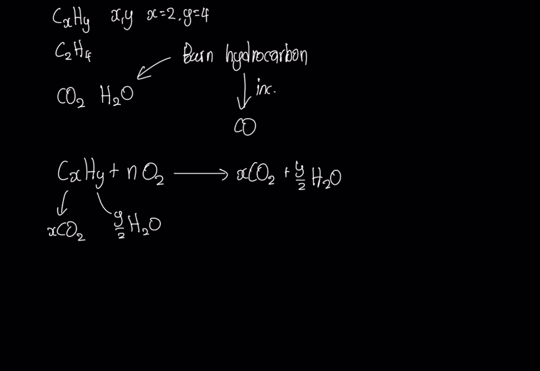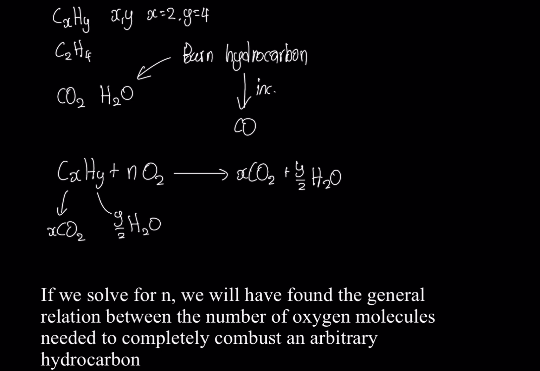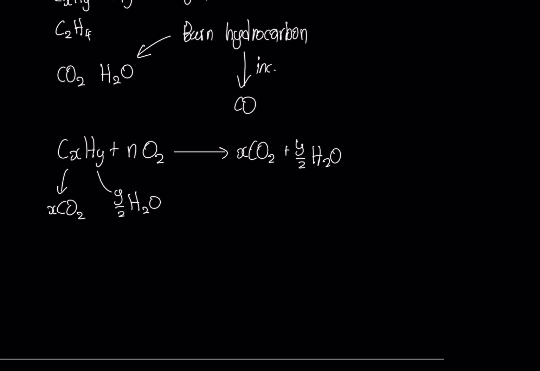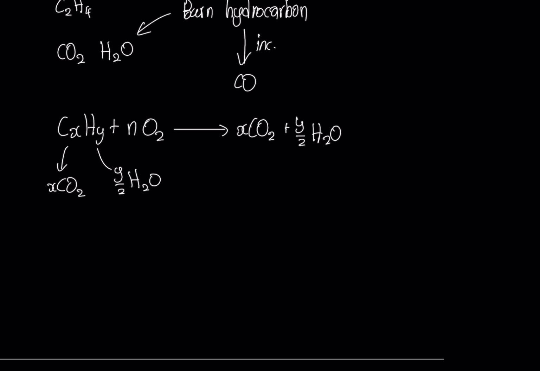So let's solve for n, right? Because the number of atoms on the left-hand side needs to equal the number of atoms on the right-hand side. So let's have a look at this. On the right-hand side, how many oxygens do I have? I have x carbon dioxide molecules. Each carbon dioxide molecule has 2 oxygen atoms. So the total number of oxygen atoms from the x CO2 molecules that I produce is just 2x.